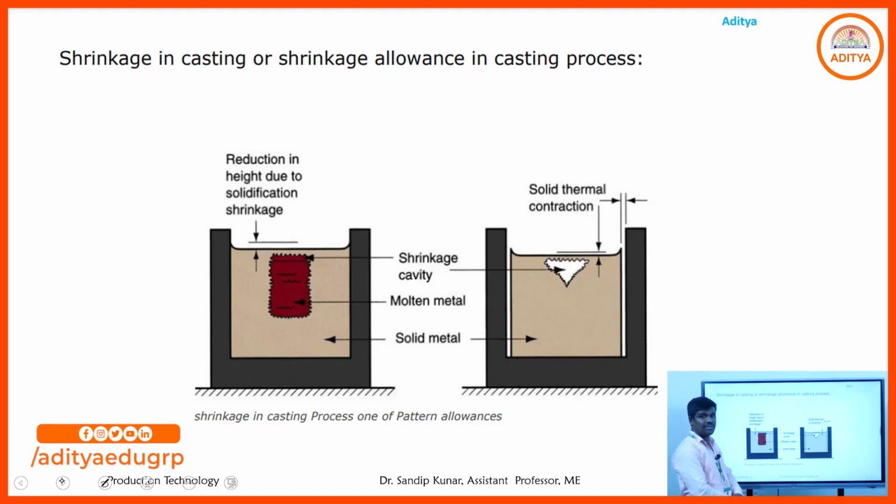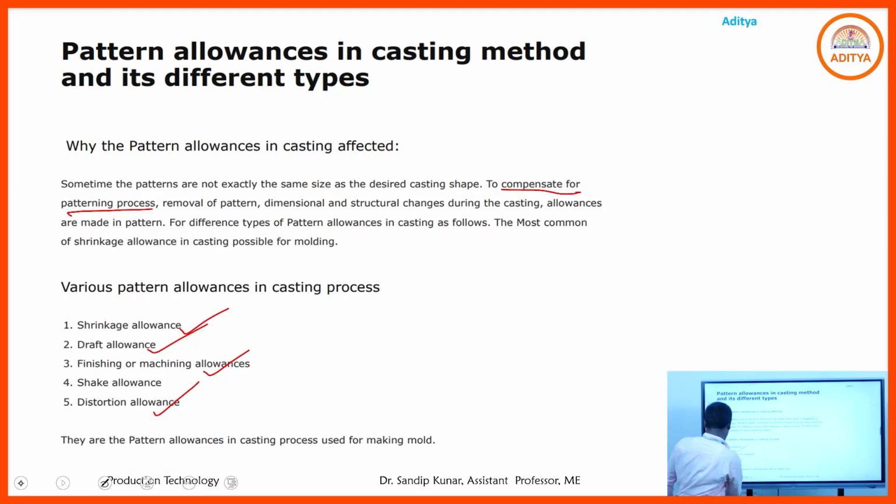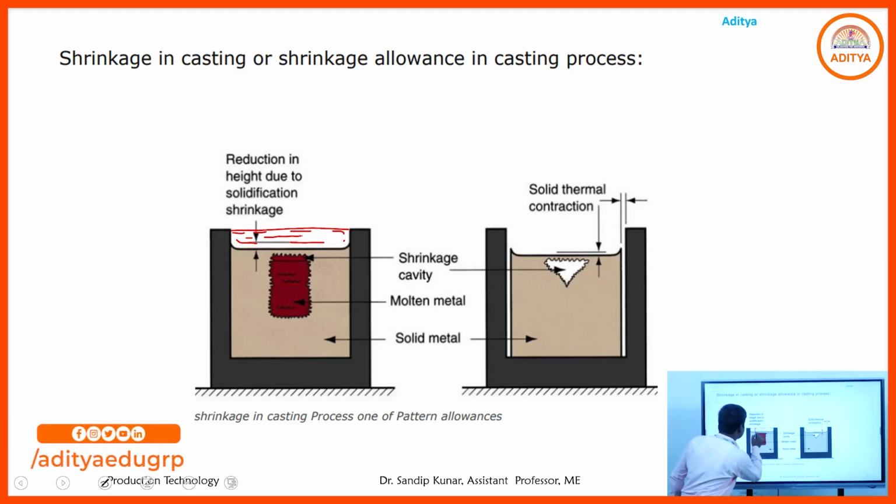When we pour molten metal into the mold cavity, after solidification the molten metal will shrink. In the picture, we fill the molten metal up to that portion, but after solidification, the molten metal solidifies and an allowance is created.